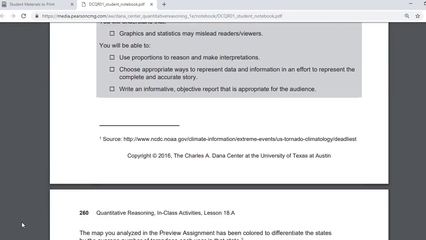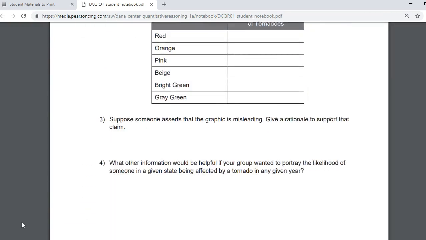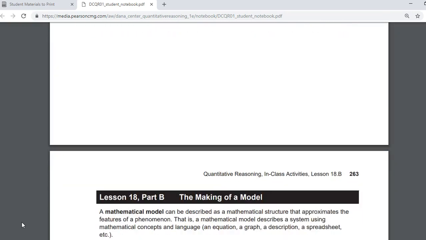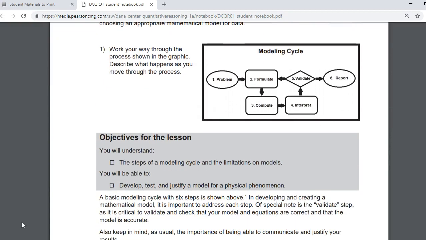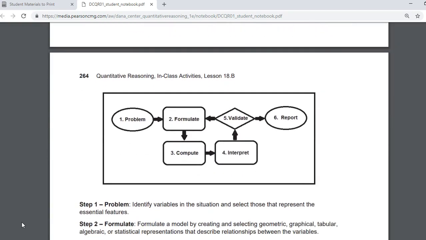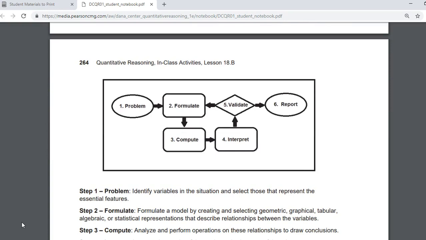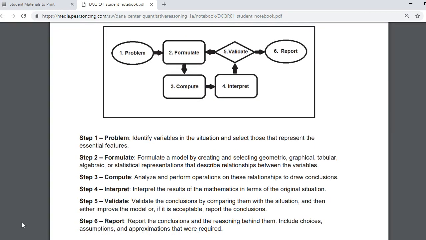We did not do 18A. We did not do 18B, but we did talk about 18B when we were doing lesson 18C. So this modeling cycle, nothing to memorize, but definitely to be familiar with, that you could talk about a situation, a flow chart where I can say, yeah, if we've got a problem, we can formulate some kind of model.